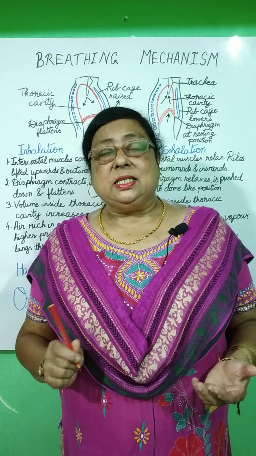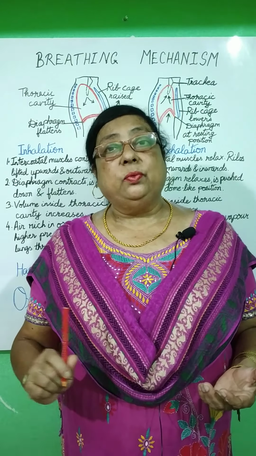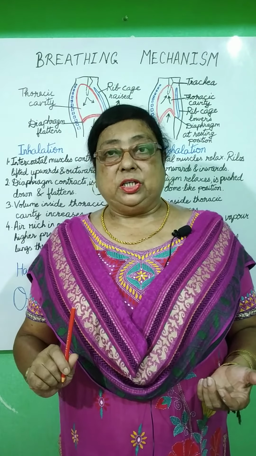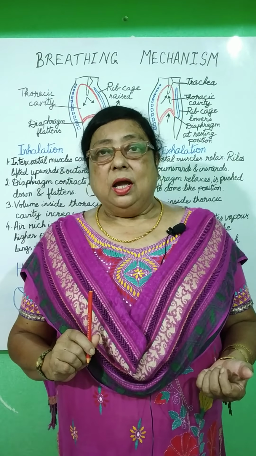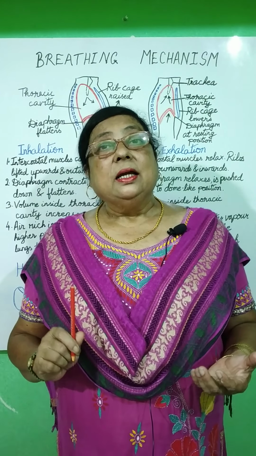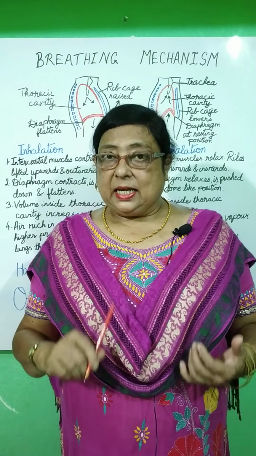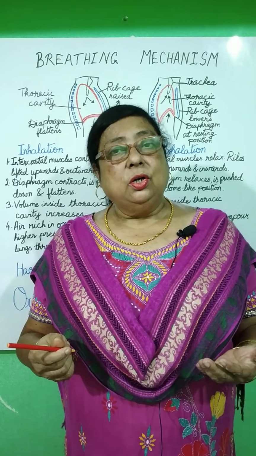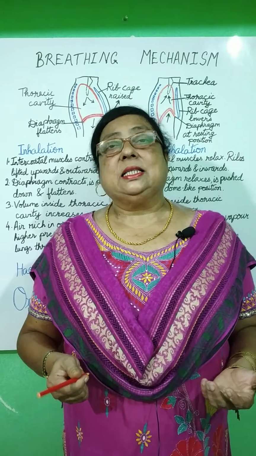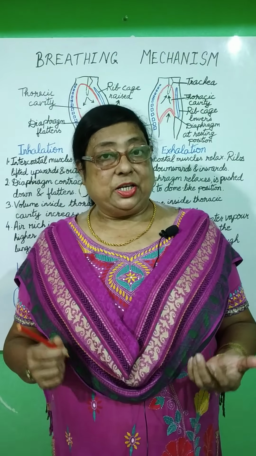These processes are continuously going on in our bodies, 24 hours, and it is known as gaseous exchange. So oxygen is taken in, carbon dioxide is given out, with the help of the lungs. This is called gaseous exchange.